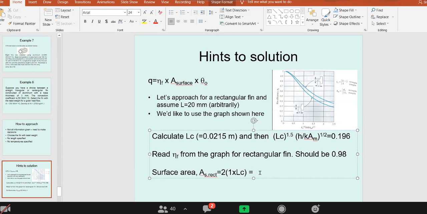Alright, and the value we are getting is 0.043 meter squared. Can I move on to the next stage?